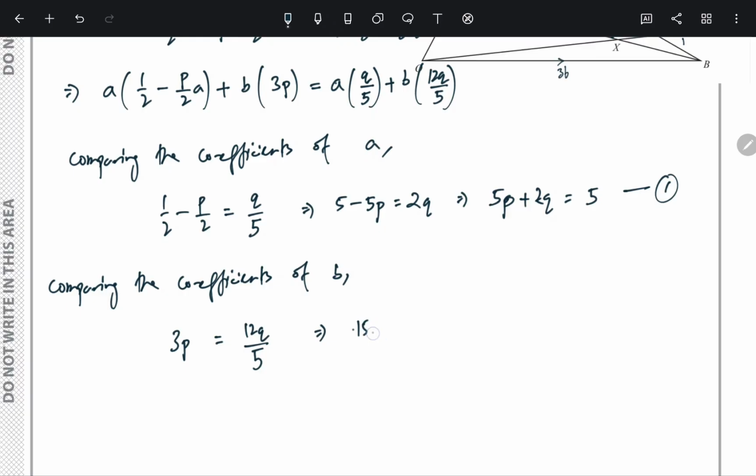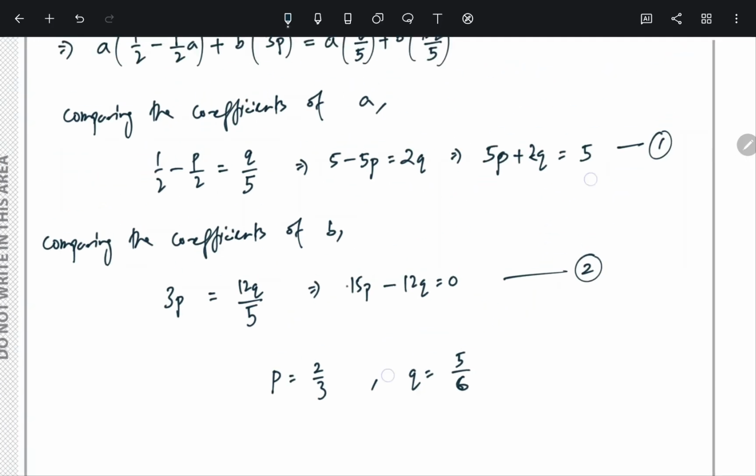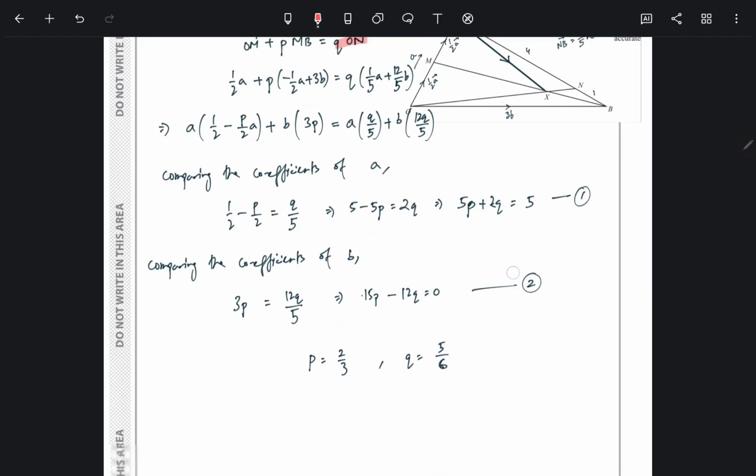So that's going to be 15B minus 12Q equals 0. That's our second equation. And solving these two equations gives you P equals 2 by 3 and Q equals 5 by 6.